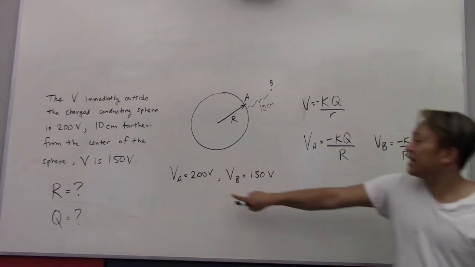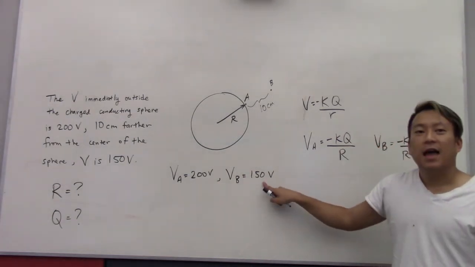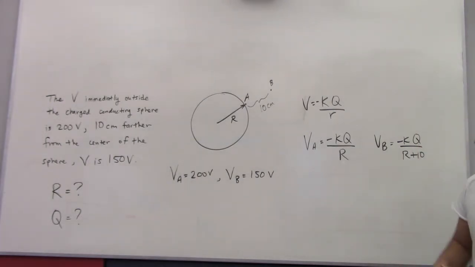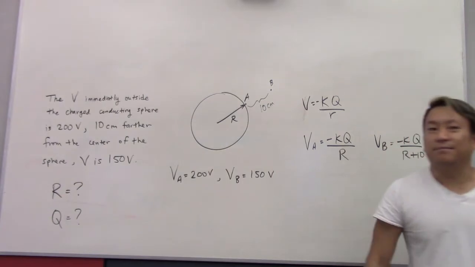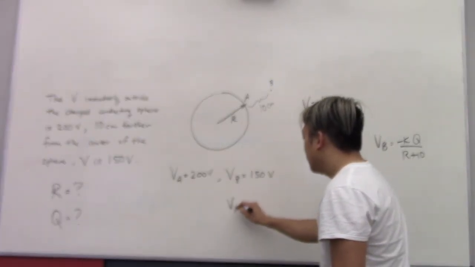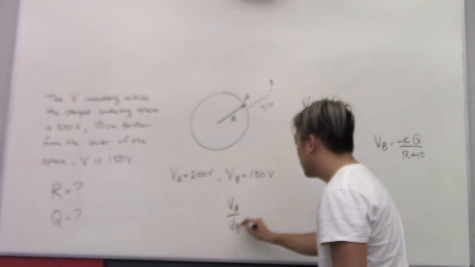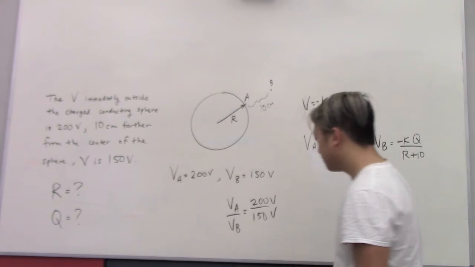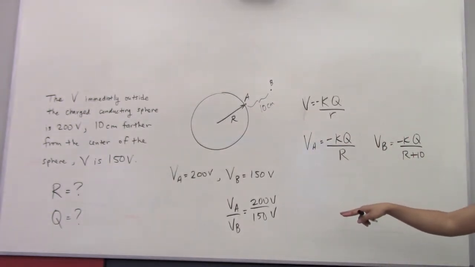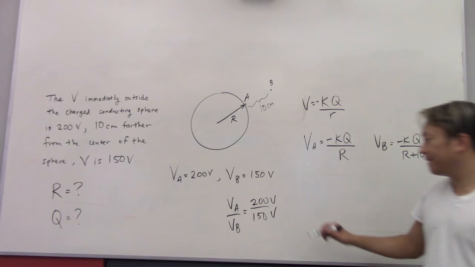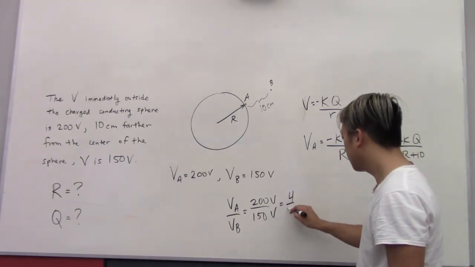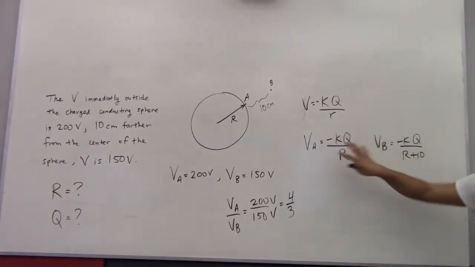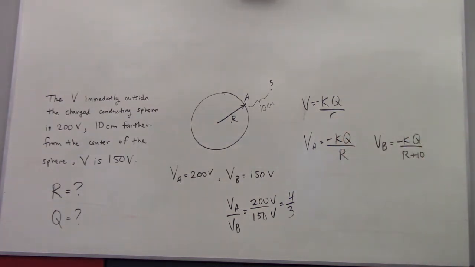Now, I conveniently know these two numbers, and with two numbers you can multiply them, subtract them, divide them, whatever you want. I'm going to decide to divide them. VA over VB equals 200 over 150, which is 4/3. If I take the ratio of these equations, they equal 4/3.